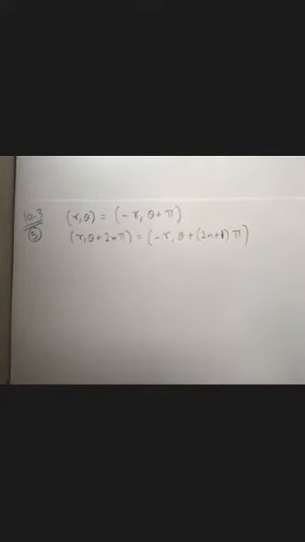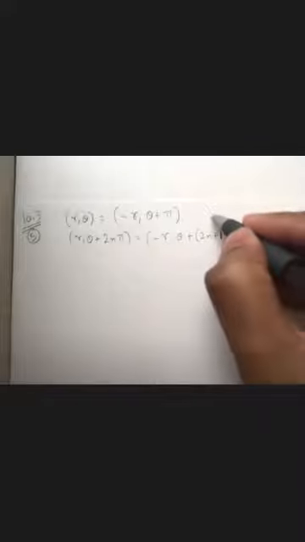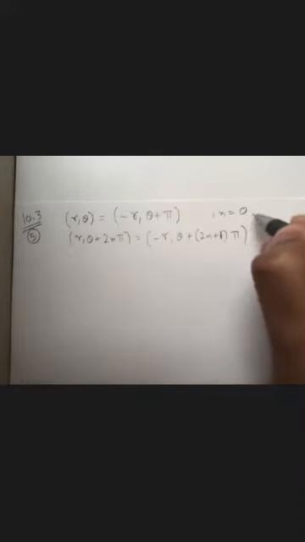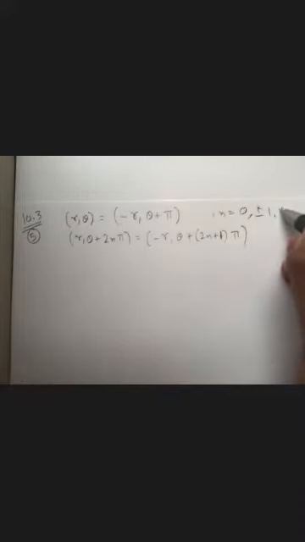But the first line is very important. So this is a general one where n can be an integer. So n can be 0, plus or minus 1, plus or minus 2.